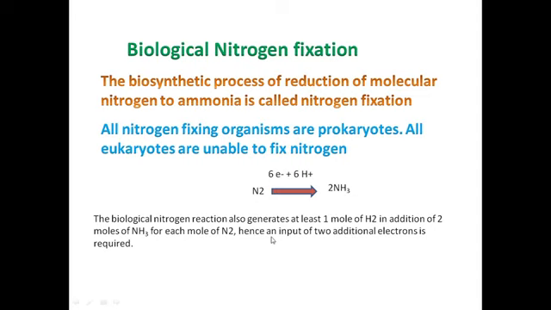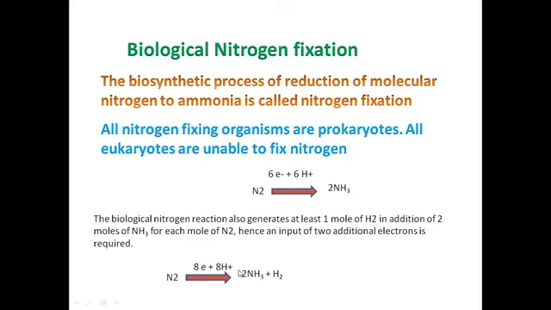But here 6 electrons and 6 protons are required, and to produce 1 additional mole of hydrogen gas, 2 additional electrons and protons are required. So the reaction becomes N2 gets converted to 2 moles of ammonia plus 1 mole of hydrogen gas, and this reaction requires 8 electrons plus 8 protons.